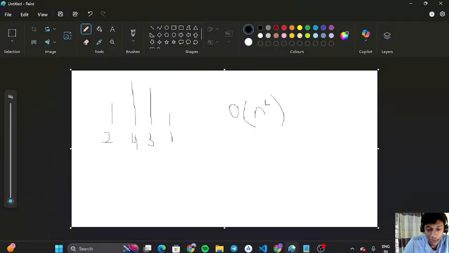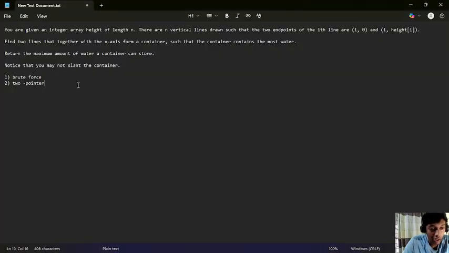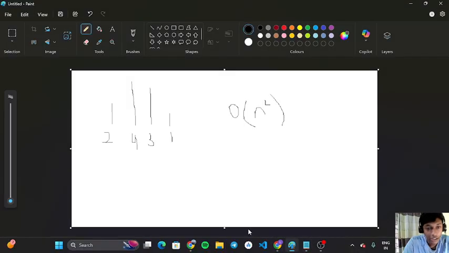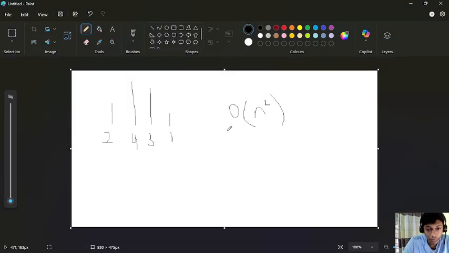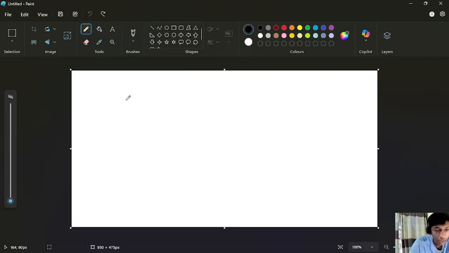The next approach is the two-pointer approach. Okay, let's see what the two-pointer approach is. Yeah, we are having four poles. Okay, and in the two-pointer approach, we'll maintain two pointers.